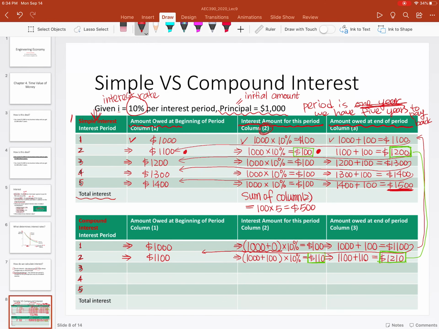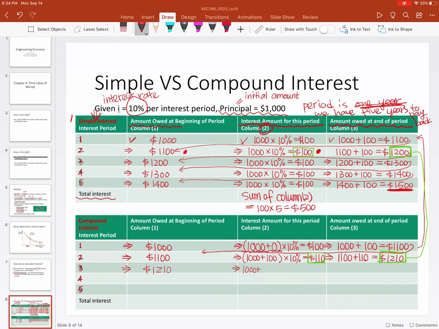All right. Now we will enter the third year. The beginning of the third year, how much do you owe? That's how much you owe at the end of the second year, okay? So you copy that number, 1,210 US dollars, here. And what is the interest? That interest will be the principal plus all the previous interest.